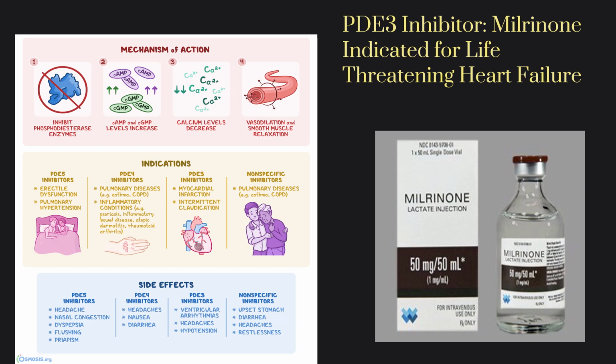PDE3 is what we are talking about for heart failure. But these may be helpful for you to look back at for how those medications work or what they are. So the PDE3s can be used to treat ventricular arrhythmias, headaches, or hypotension.